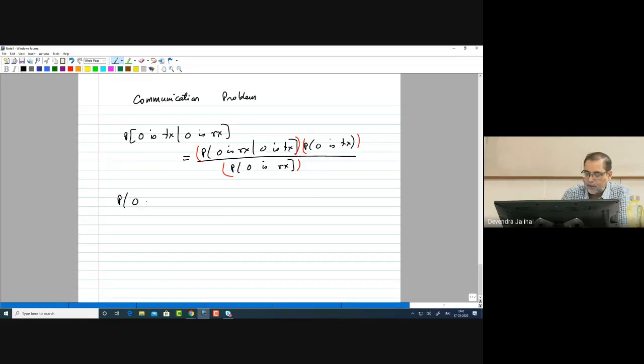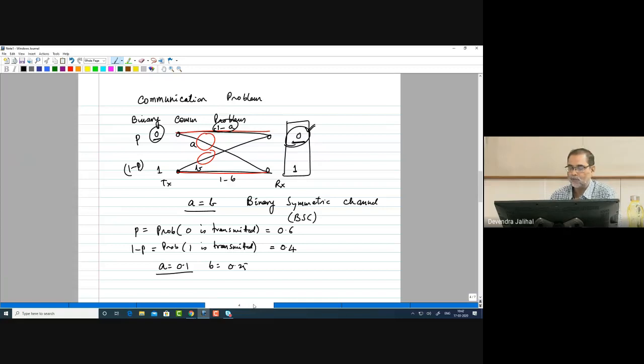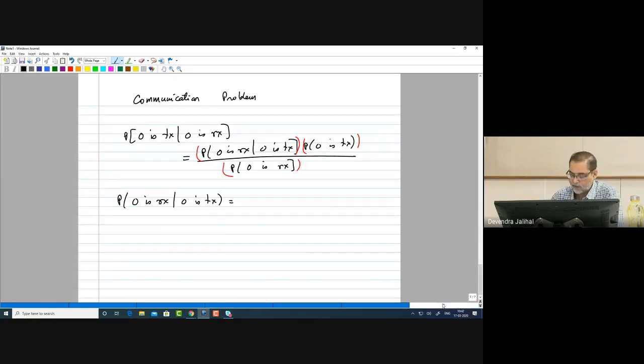So it says probability that 0 is received given that 0 is transmitted? Okay, so tell me, what is this question? What is the probability that 0 is received given that 0 is transmitted?